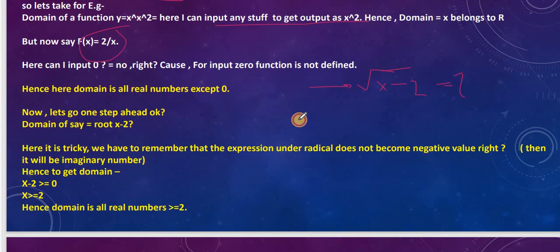So what will the valid input be? Our main goal is that x minus 2 should be at least 0. 0 will be okay, or greater than 0, but not negative numbers. So x will be greater than or equal to 2. This will be the valid domain of the function.